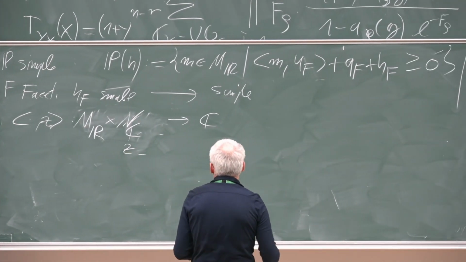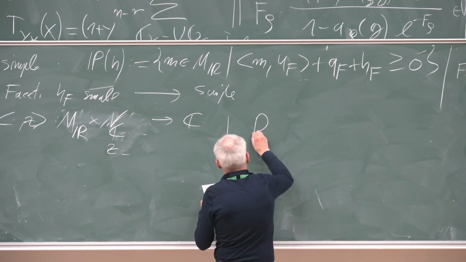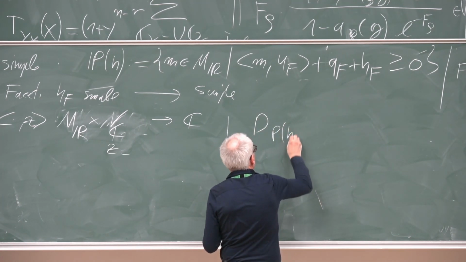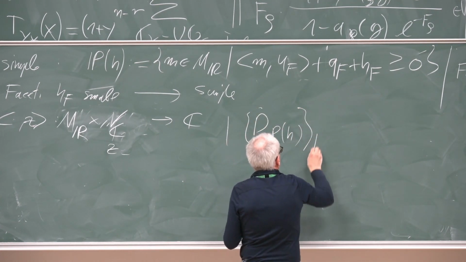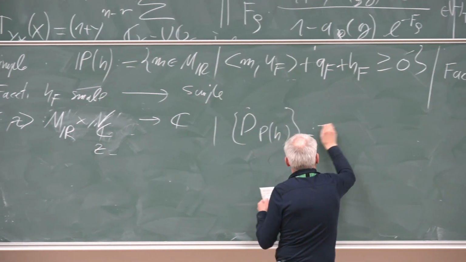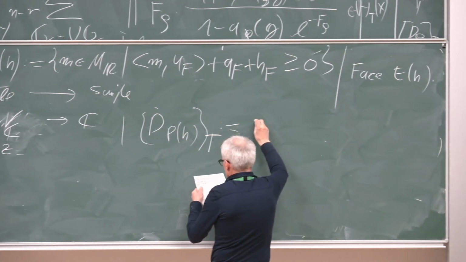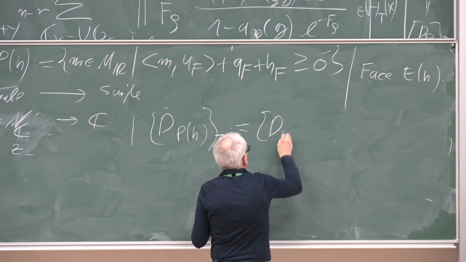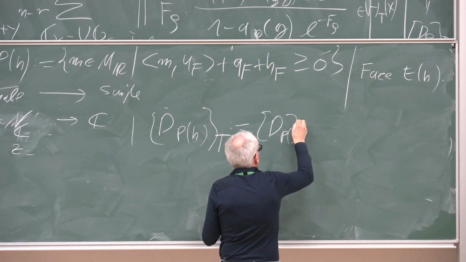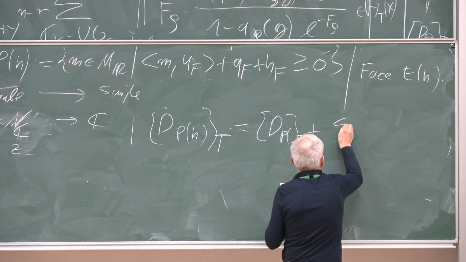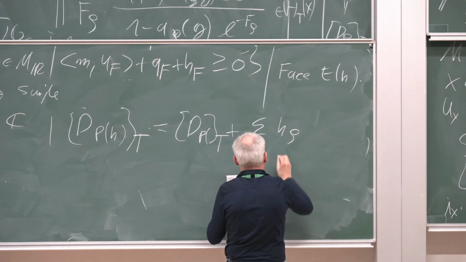Okay, and the final piece we need is this divisor corresponding to this dilated polytope. The T-equivariant fundamental class, which you should take as a definition, is just the original one, D_P, and then you take linear combinations of h_rho times D_rho.